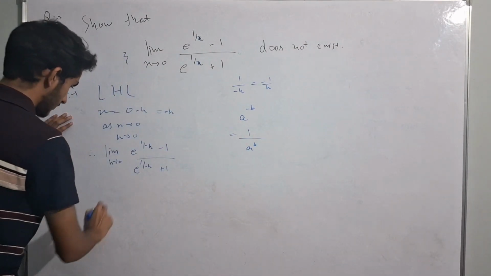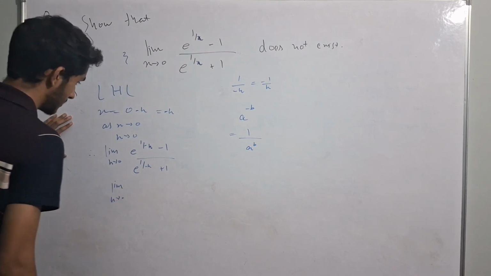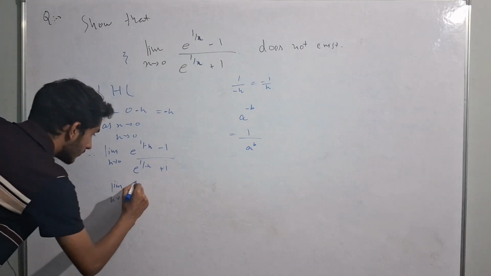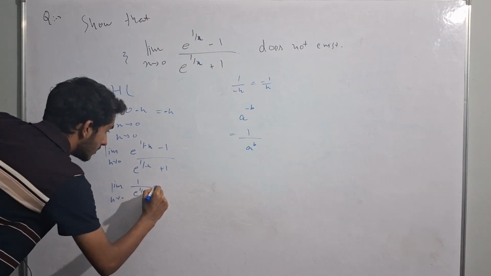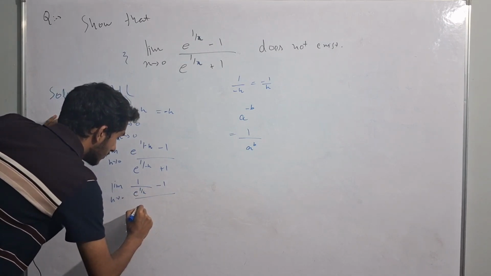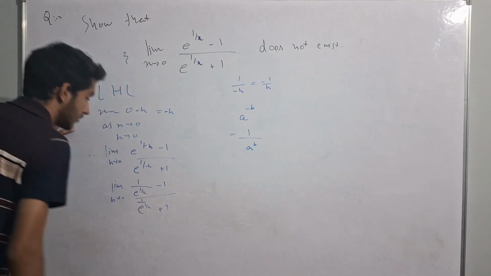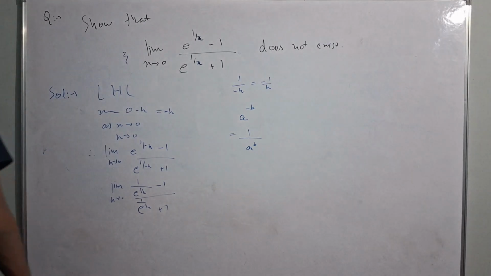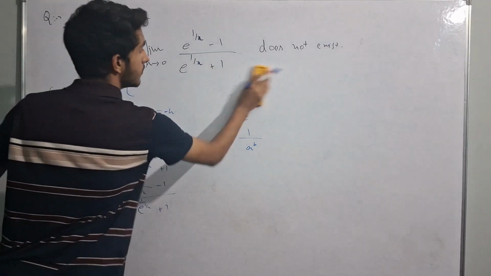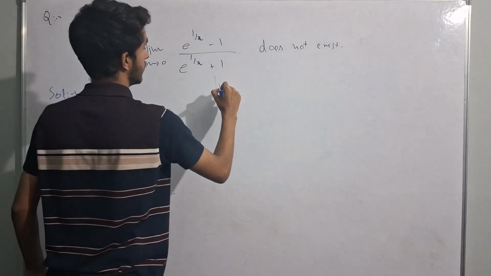So we'll do limit h tends to 0, 1 by e to the power 1 by h minus 1 upon 1 by e to the power 1 by h plus 1. So let me rewrite the equation.